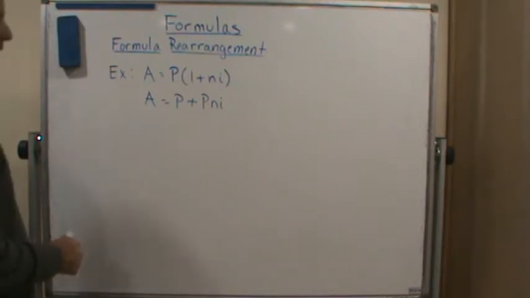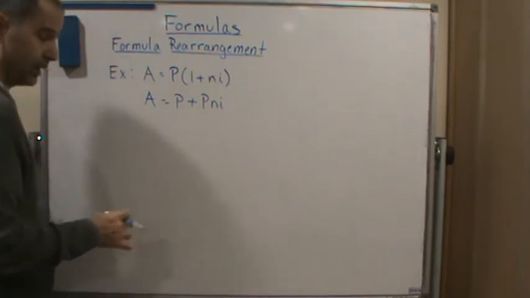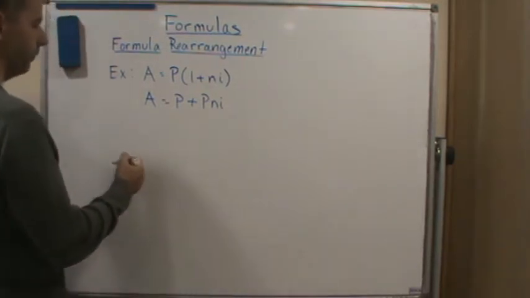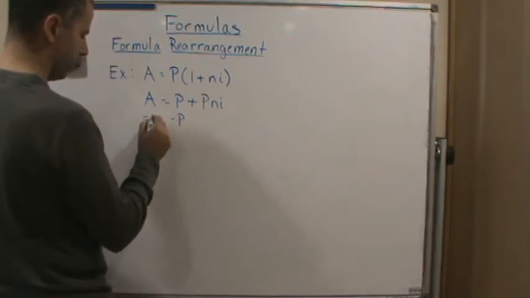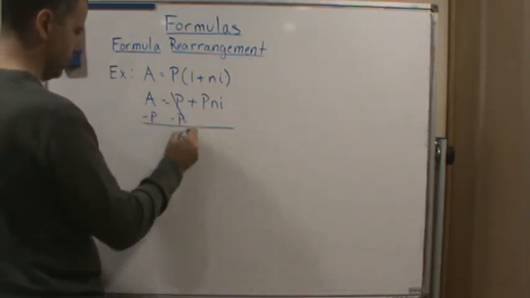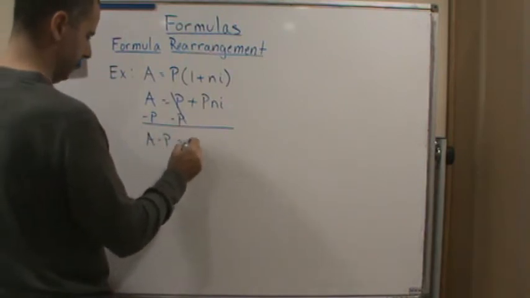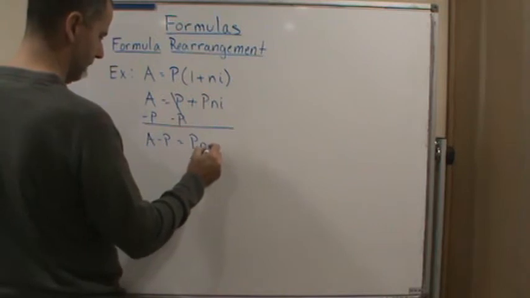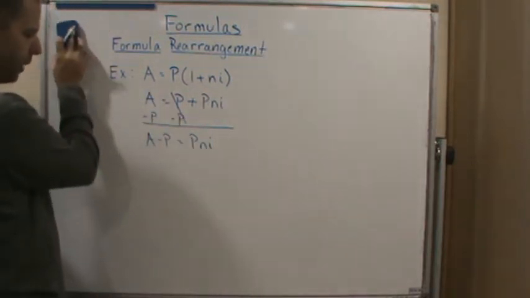Now, let's start isolating. Well, I've got this p, so let's subtract the p from both sides. And so now I get A minus p is equal to p n times I. Now I can use the commutative property here.